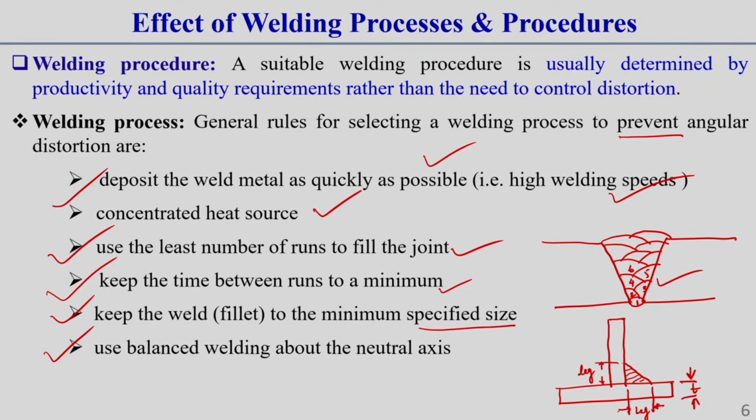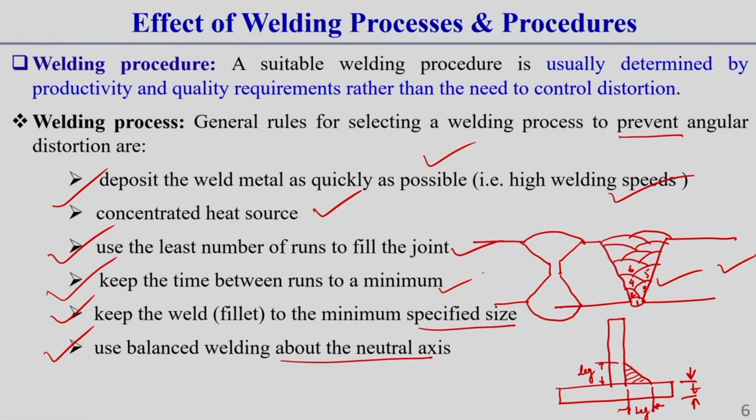For this thick section, if we do double sided welding, our bead will be like this. Here you can see, this is called the neutral axis of this plate.